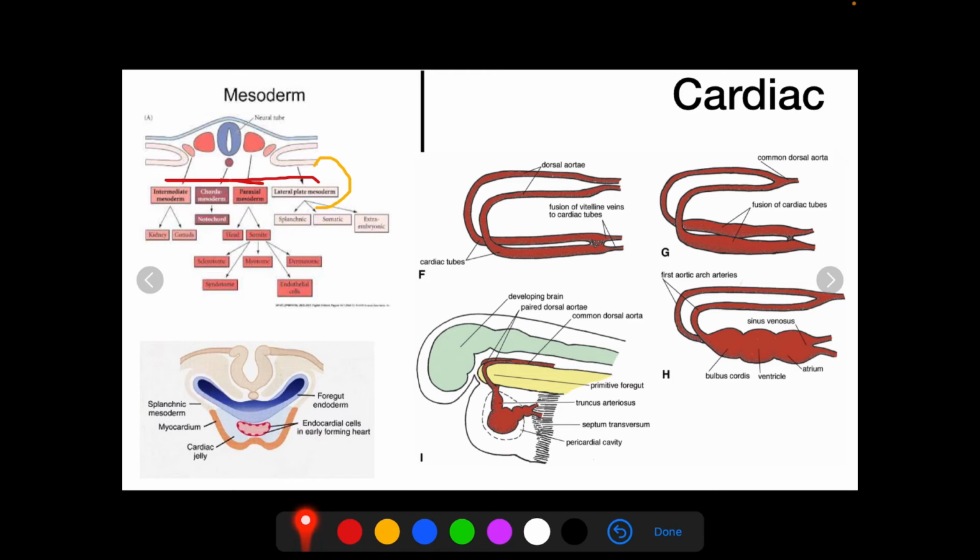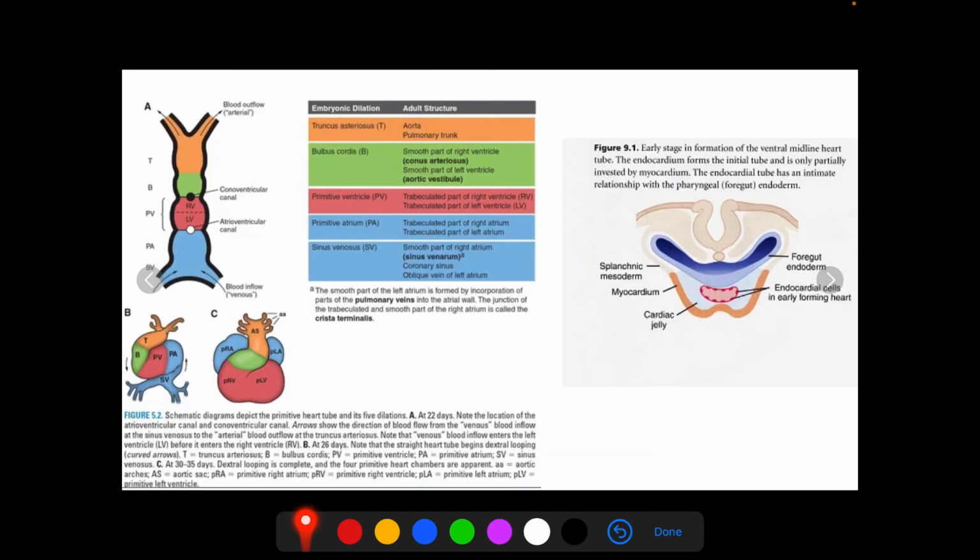That's endoderm, and that's two tubes bound together that form the heart. The forming tube is composed of four areas, and from the third week it is formed and pumping the blood.